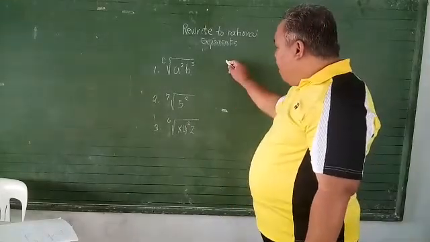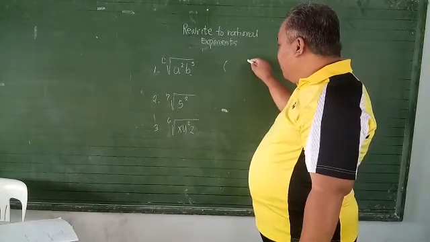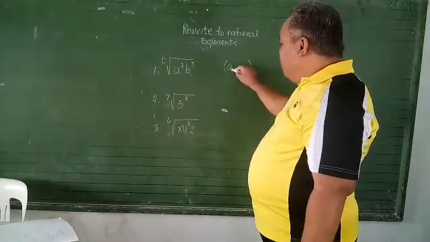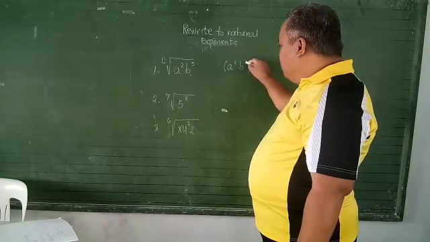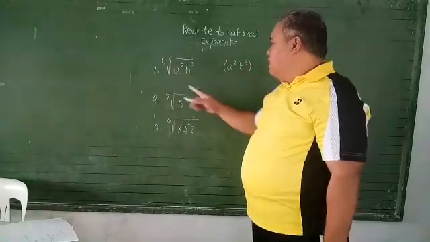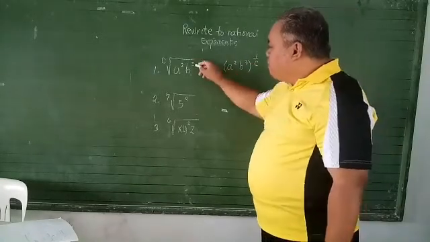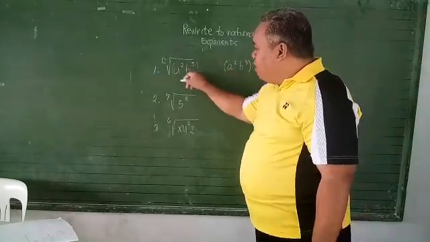So we write an exponential form with a quantity, since there are two factors: a squared and b cubed, raised to 1 over c.